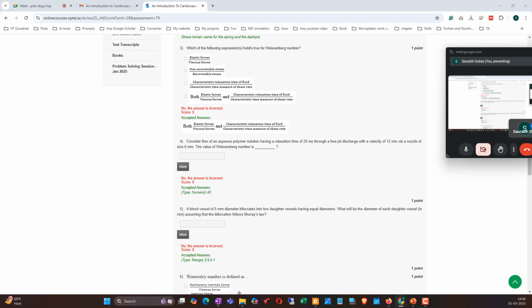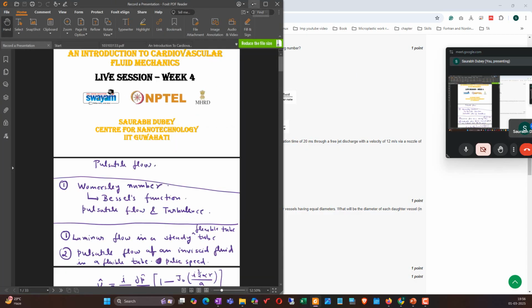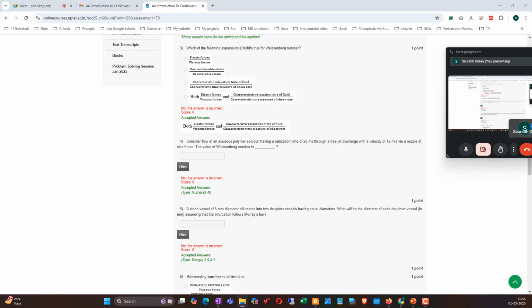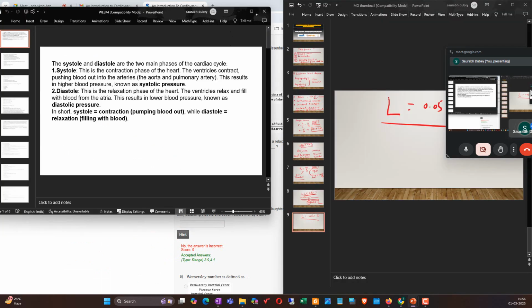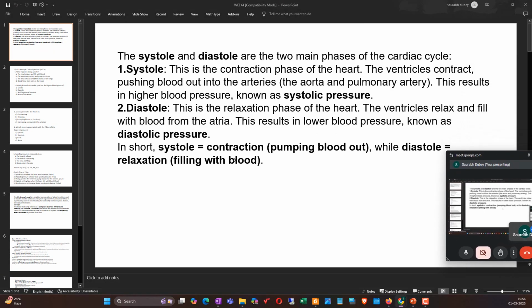Let's put up the problem that we had solved in week 4. That is another thing. So where is that? Yes, week 4. Let me take this week 4 lecture here. About systole and diastole, I have explained there that systole is the contraction phase of the heart.